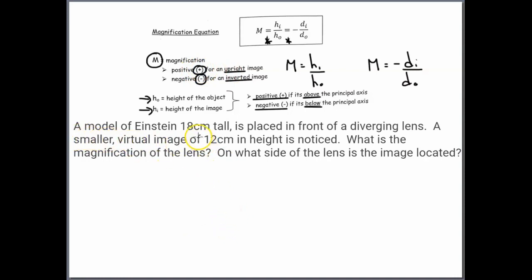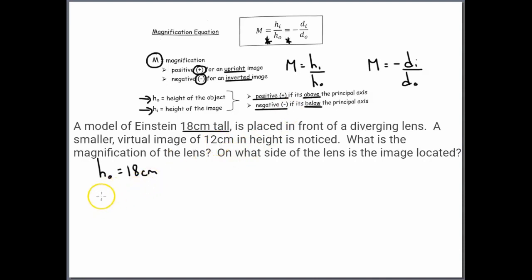So let's try two examples with this. Here we have a model of Einstein 18 centimeters tall. So this is the model, the height of the actual object. It's 18 centimeters, and it's placed in front of a diverging lens. A diverging lens creates virtual images, and we also know that it would be on the same side of the principal axis.